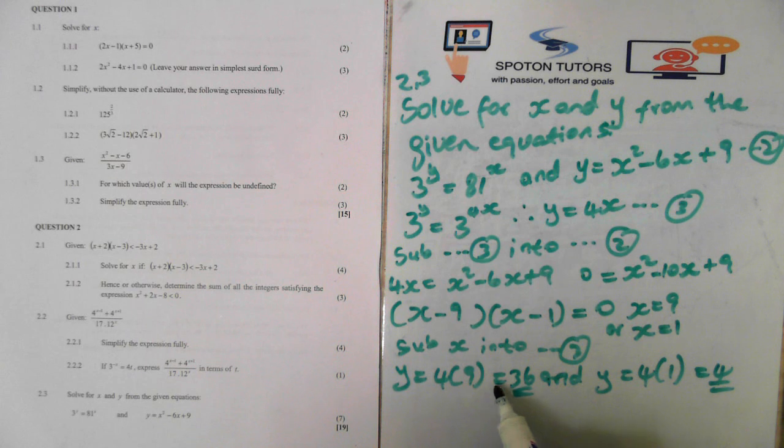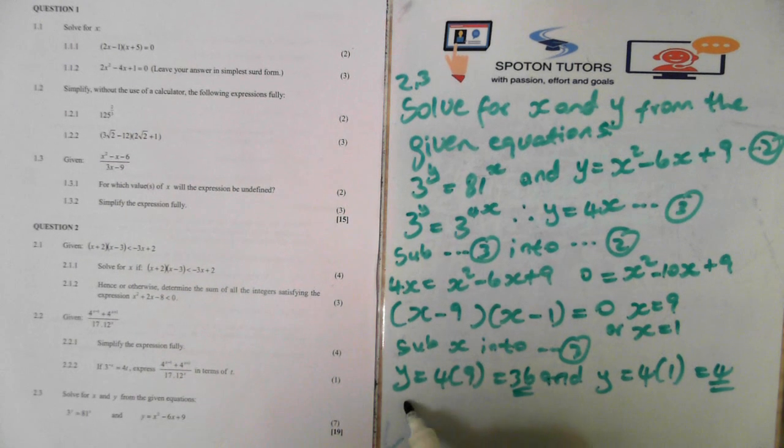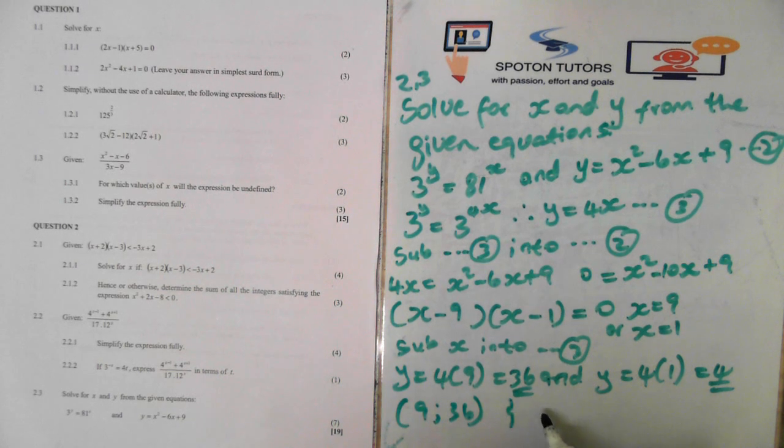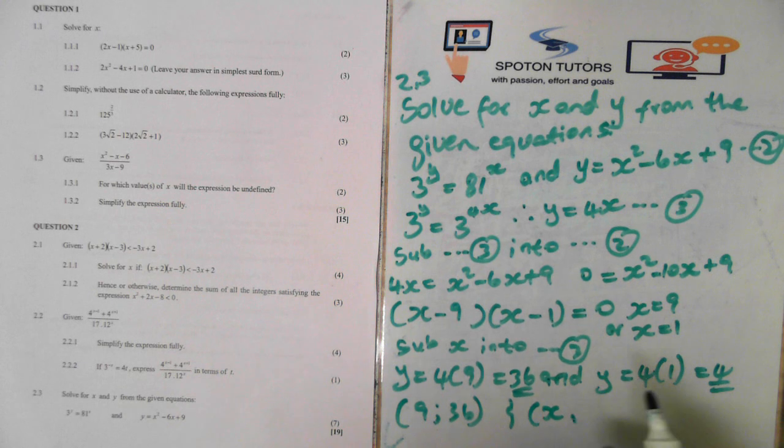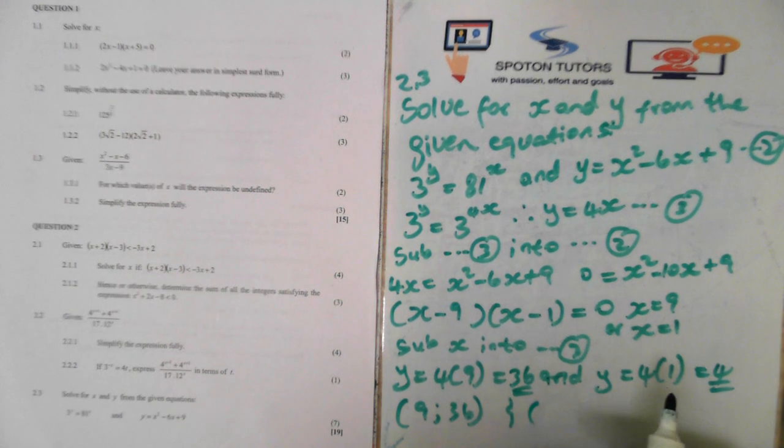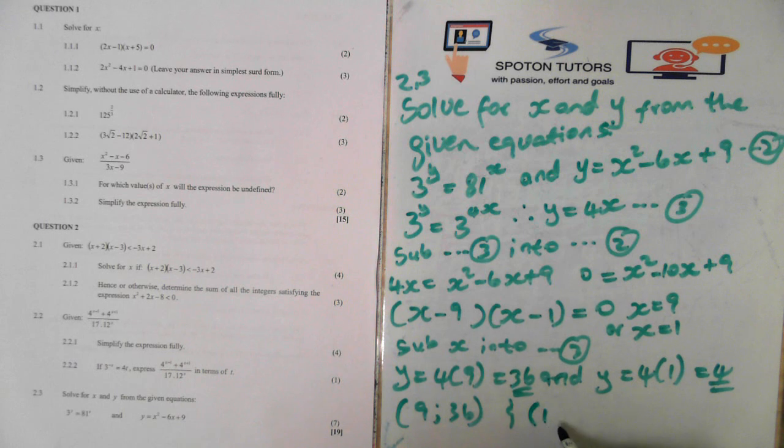This value comes from a 9. So in coordinate form, you have an x as a 9 and a y as a 36. And also, you have an x as a 1 and a y as a 4. Those are your solutions. You've written it in coordinate form.